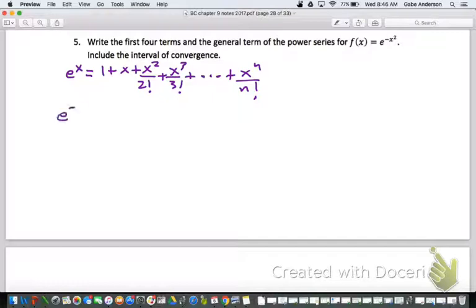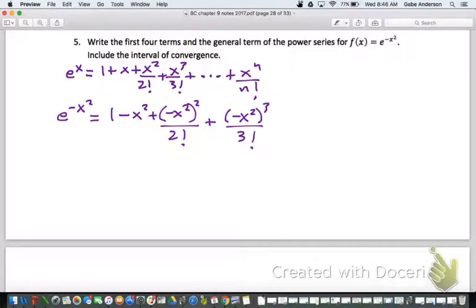So e to the negative x squared equals, wherever I see an x, I'm going to put negative x squared. So it would be 1 minus x squared plus negative x squared over 2 factorial plus negative x squared cubed over 3 factorial plus dot dot dot negative x squared to the n over n factorial.